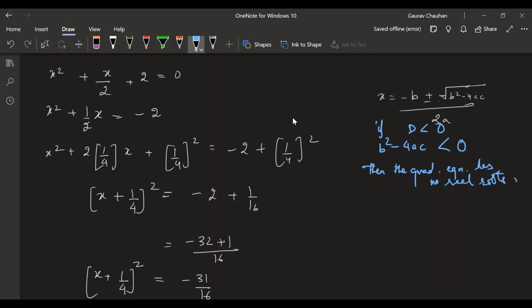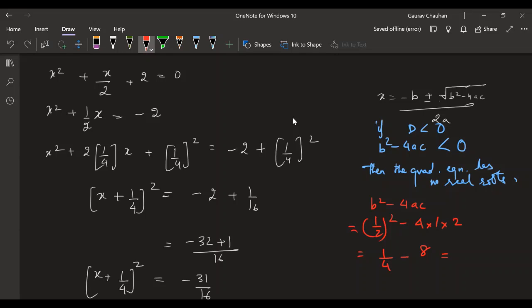Now let's check if that's happening here. If we take this question, I'm going to find b square minus 4ac only. b is 1 by 2, so (1 by 2) whole square minus 4 into a, which is 1, into c, which is 2. That's equal to 1 by 4 minus 8.